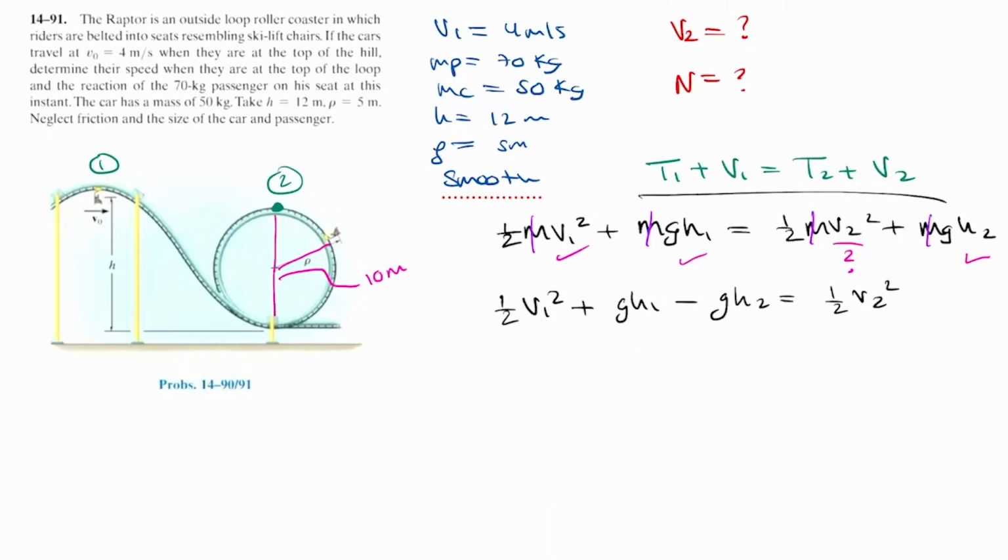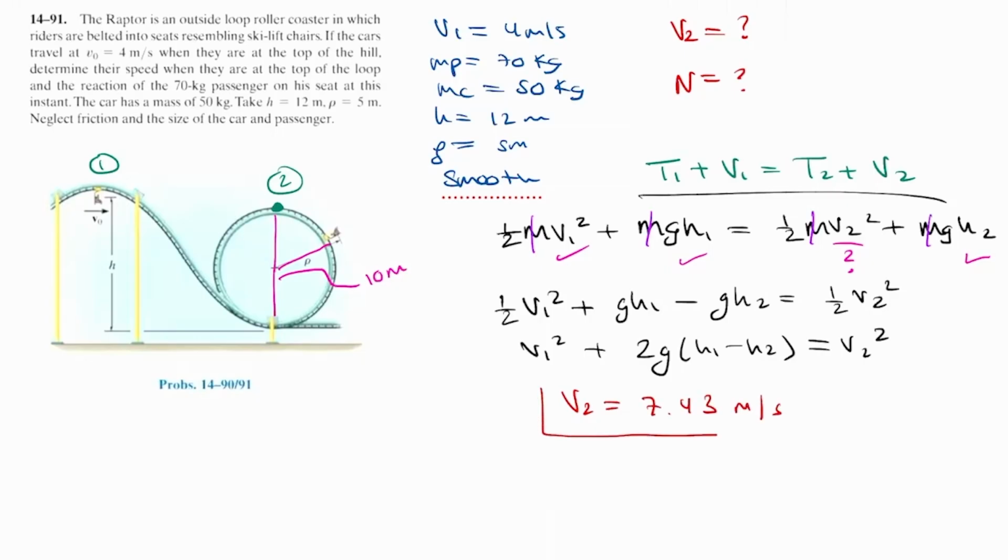If we multiply everything times 2, we get V1 squared plus 2 times gravity times the difference between height 1 and height 2 equals V2 squared. If we take the square root and solve, you should be able to figure out that V2 equals 7.43 meters per second. So that is the velocity at point 2 when it's on the top of the loop.